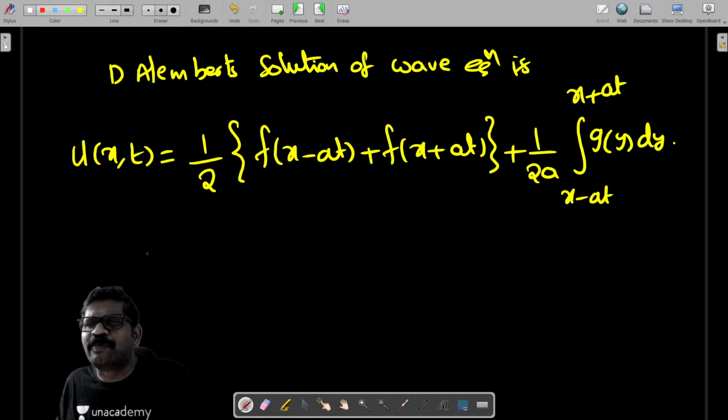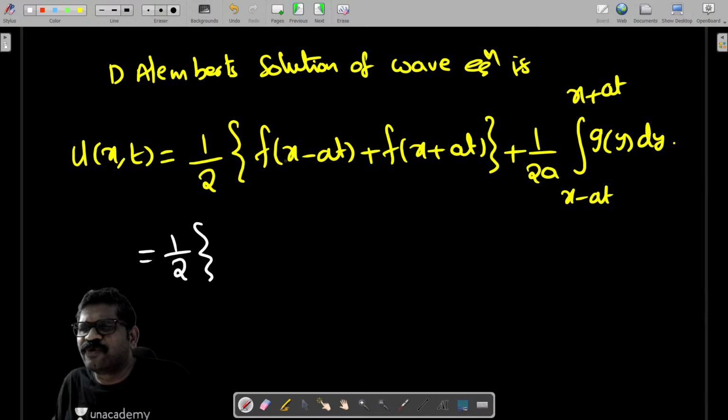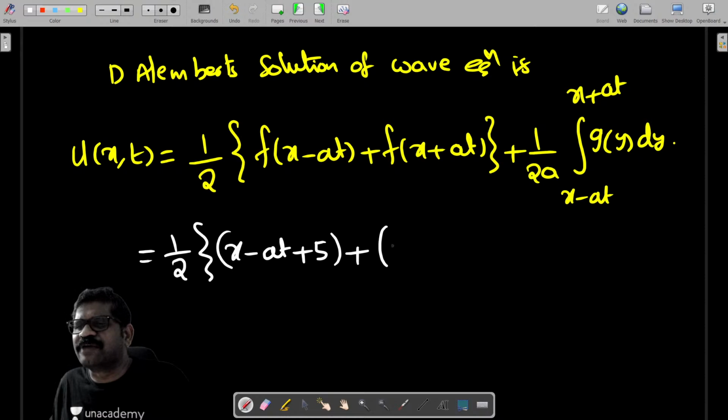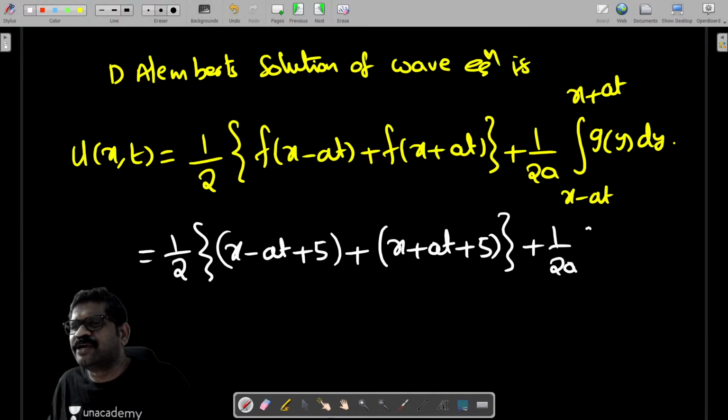Now in our problem, f of x is x plus 5. Therefore f of x minus at is x minus at plus 5, and f of x plus at is x plus at plus 5, plus 1 by 2a integral from x minus at to x plus at. g of y is 0 because g of x is 0, that's why g of y is also 0.